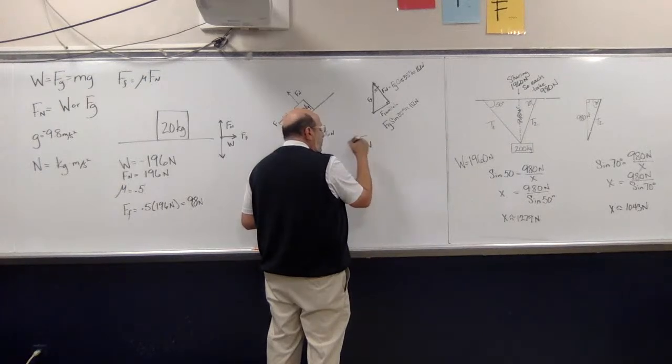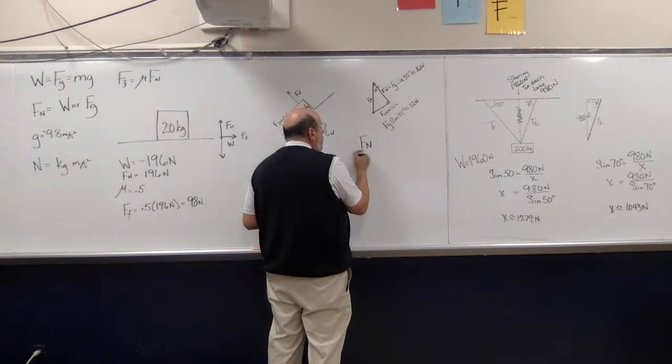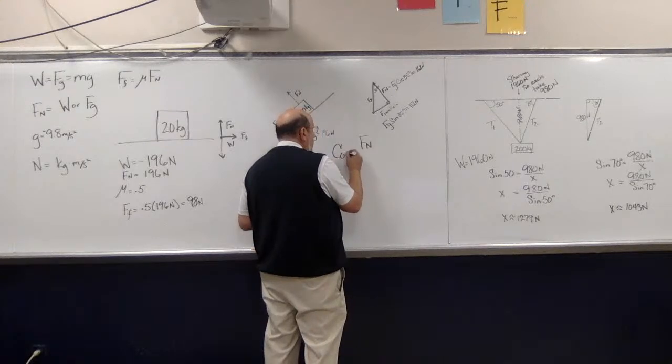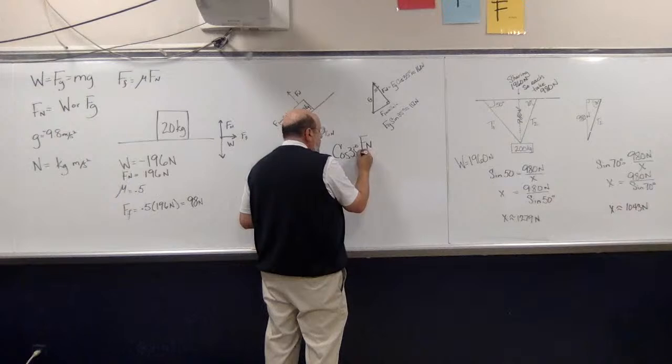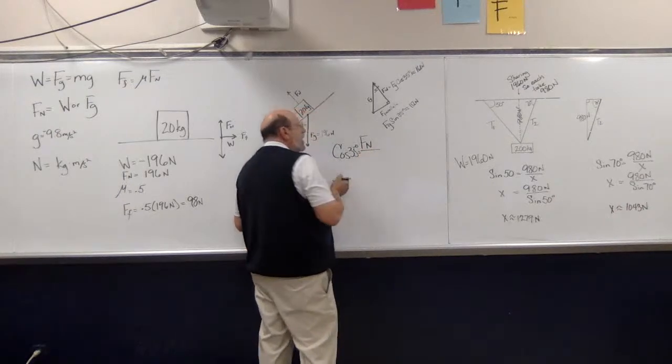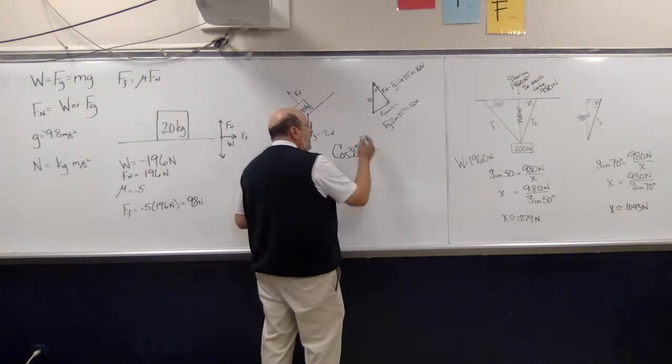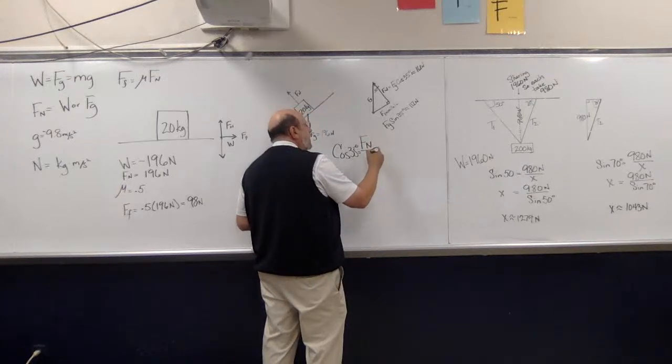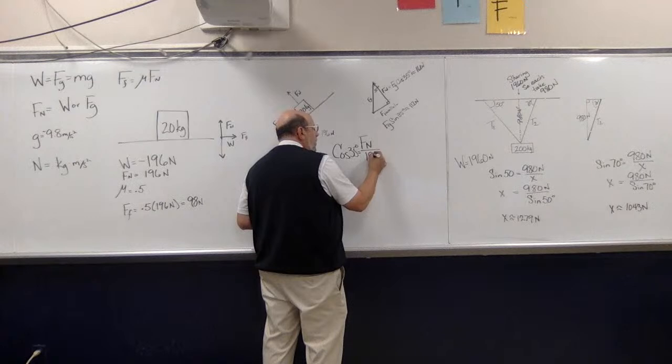And so the cosine of 35 degrees is equal to that Fn, and that Fn is over Fg, which is, we already know, 196 newtons.